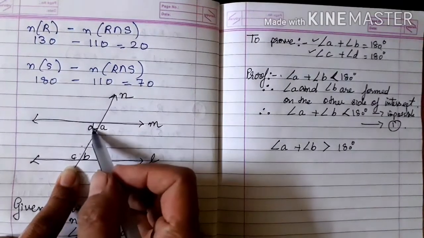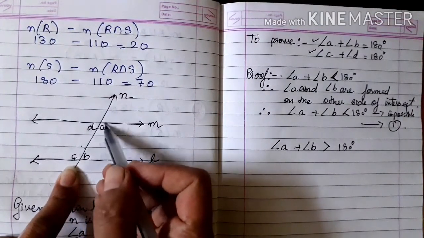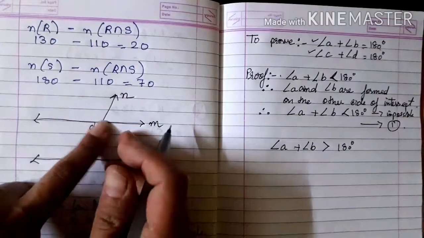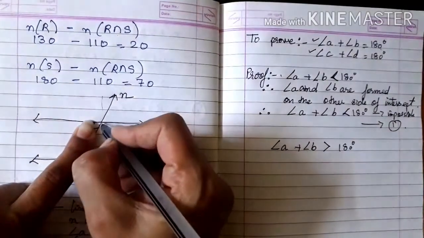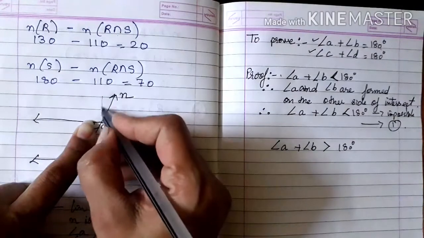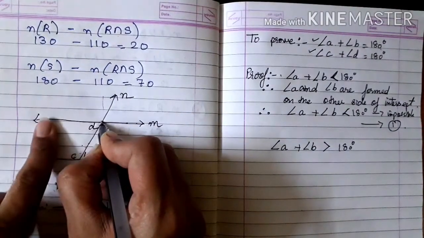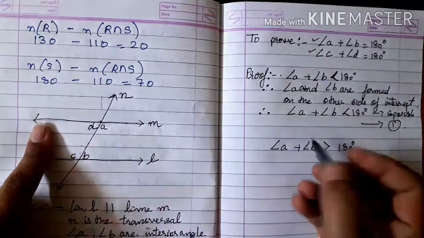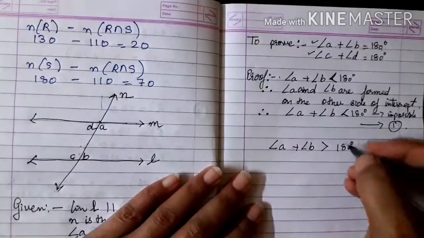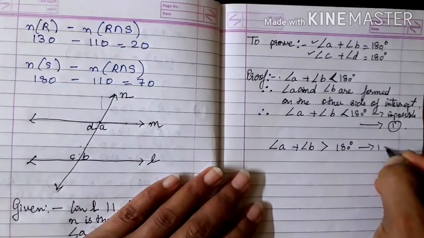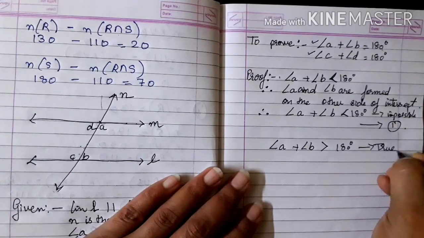So they are greater than 180, which we can observe is on either side. This was supposed to be 90 and on the other side it is greater than 90. Got it? So A plus B can be 180. This statement is true.